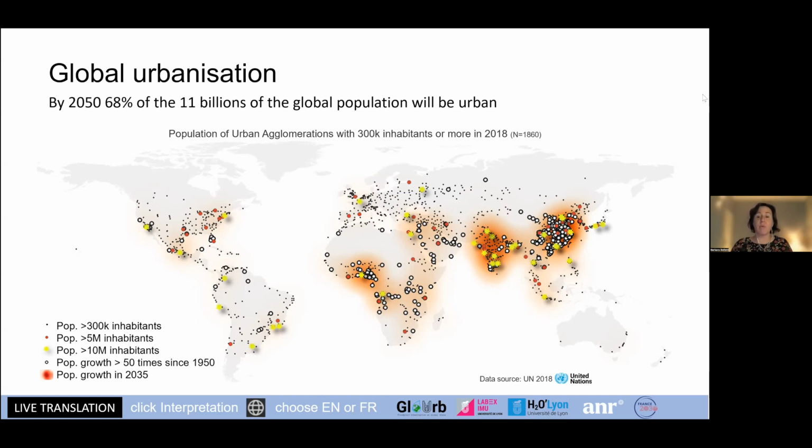But the yellow and red, you see the large megalopolises and metropolises with more than 5 million, and 10 million, and in white, the cities which have multiplied their population by 50 in the last 50 years. And in orange, there will be huge growth of the population by 2035. So you can see that this is a global phenomenon, but it is taking place especially in some countries, in West Africa, in India, and in China.